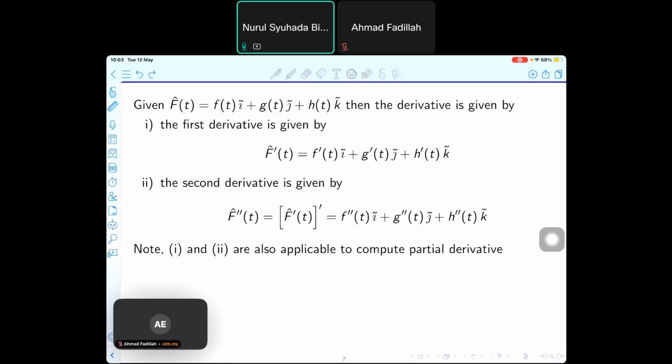For example, say the function is defined over u and v. To find the partial derivative with respect to u, you treat v as a constant and do it component by component. So find the partial derivative with respect to u for each component, and treat v as a constant.